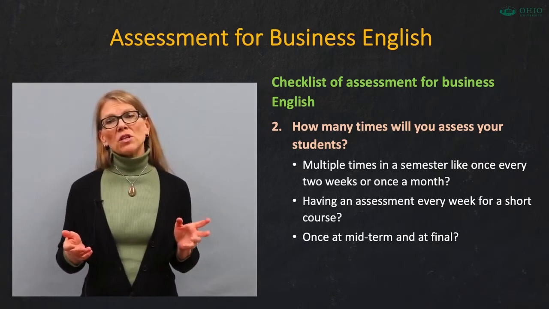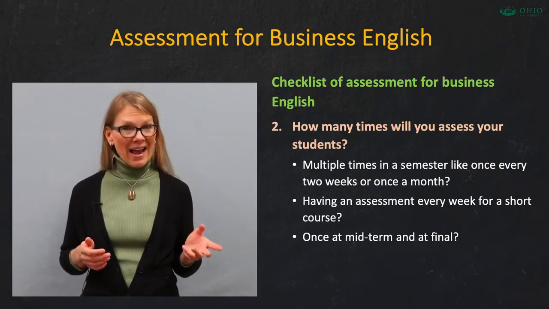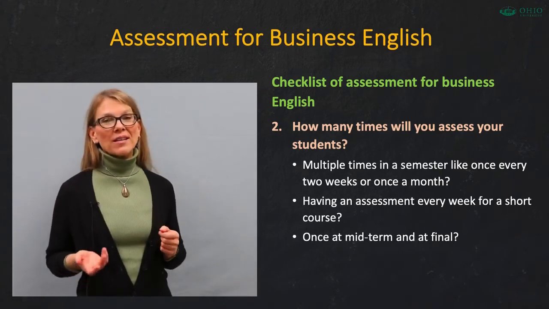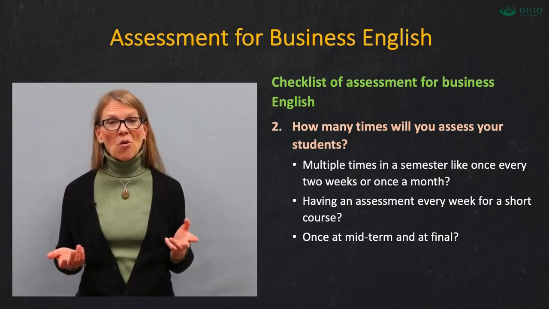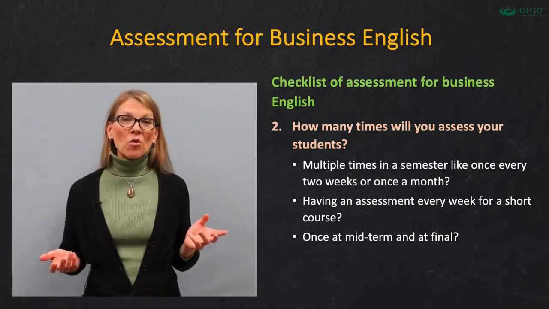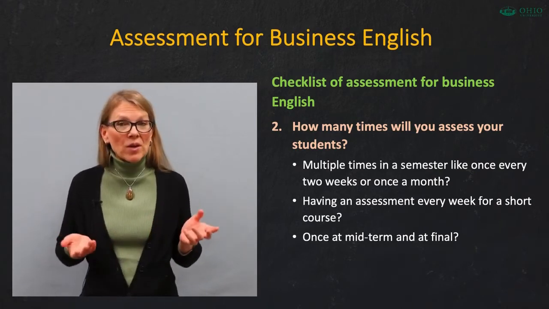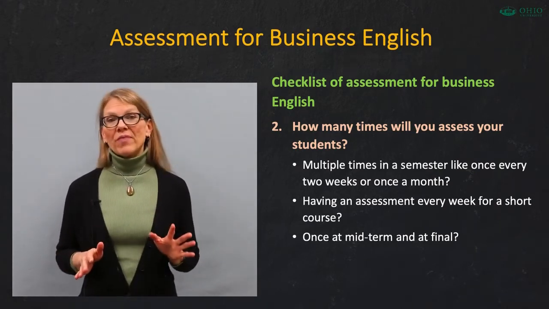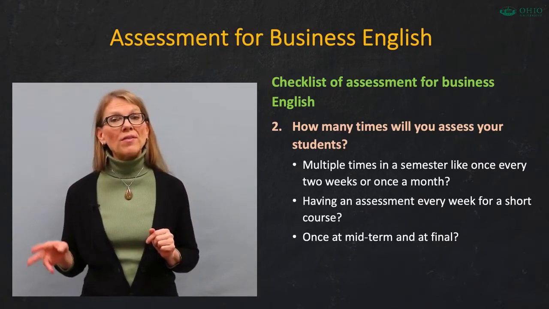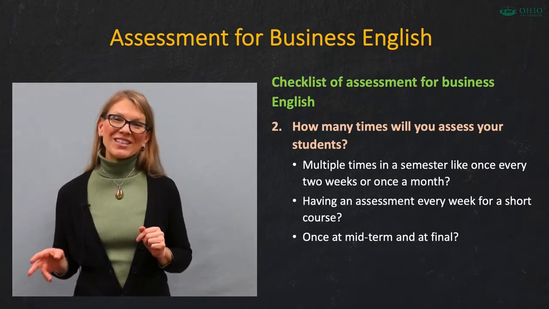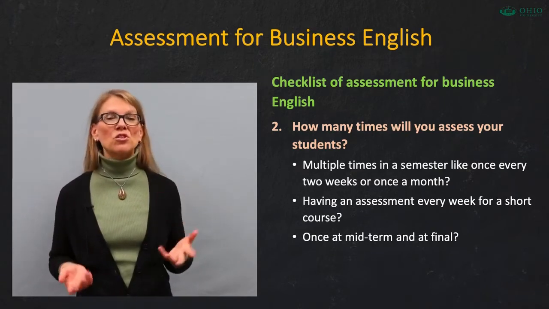For example, you can use an entry exam to assess where your students are at, and then build your own assessment tools to test your students once every 2 weeks or once a month. Or if your course runs as short as 4 weeks, you can have an assessment every week. Another option is to test your students once at midterm and once more at the end of the semester. You get to decide depending on your circumstances and, of course, your students' levels.